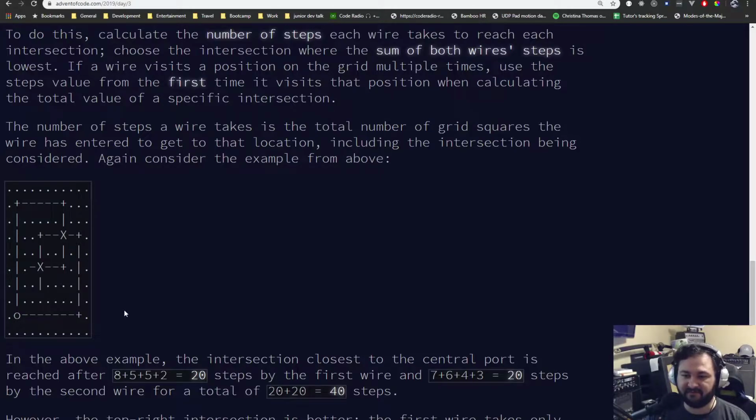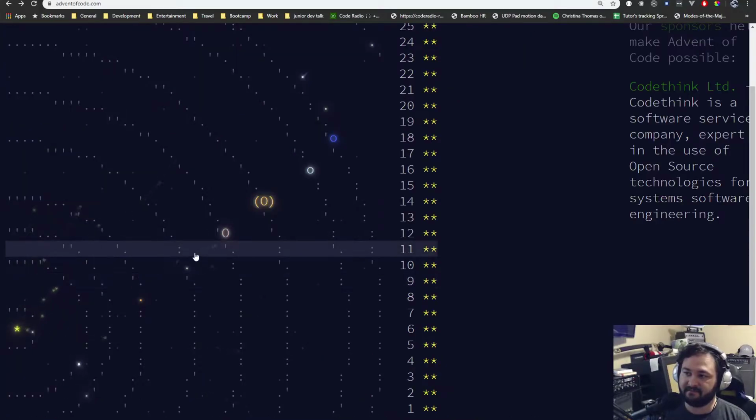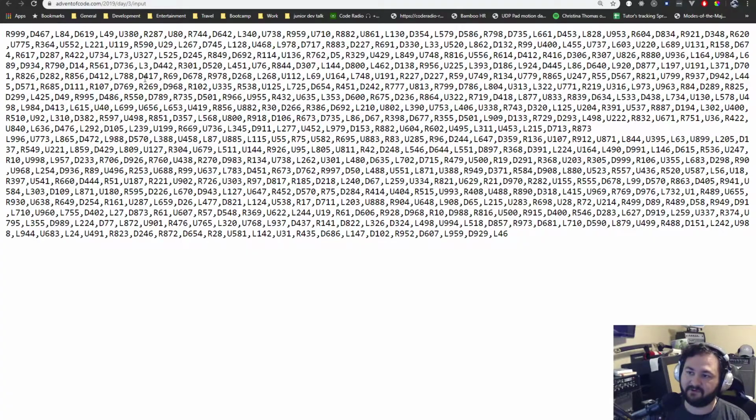So the speeds of those become very, very different, especially when you get up to an example like day 3, where you've got all these points. If you notice, this first instruction is to go right 1,000 times. That's 1,000 points or coordinates on a graph. And by the time you get to the end, you've probably got tens of thousands of points.